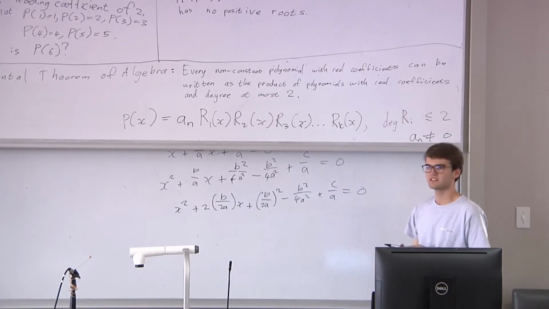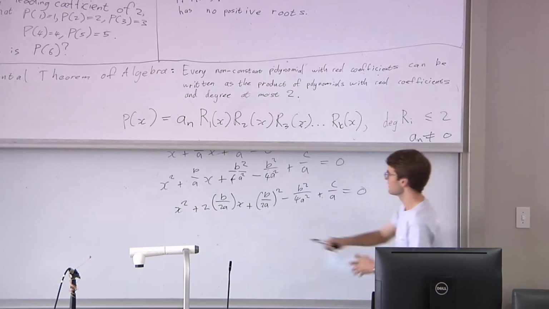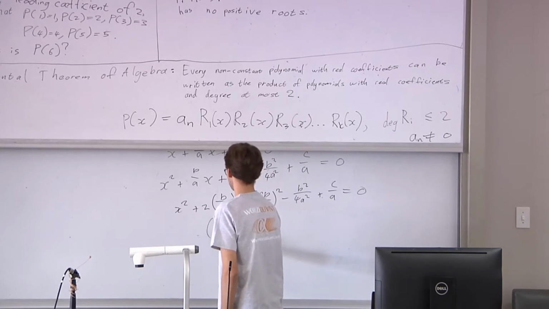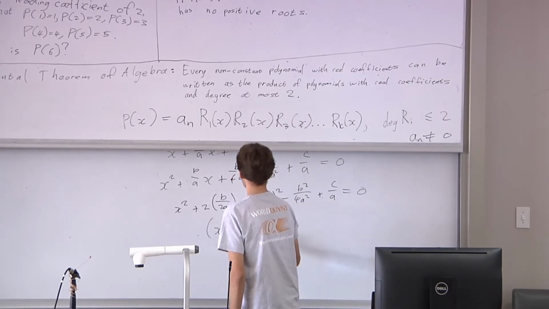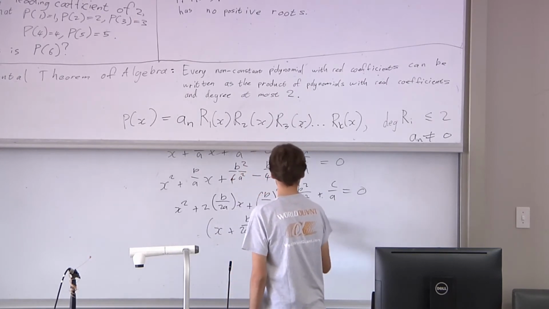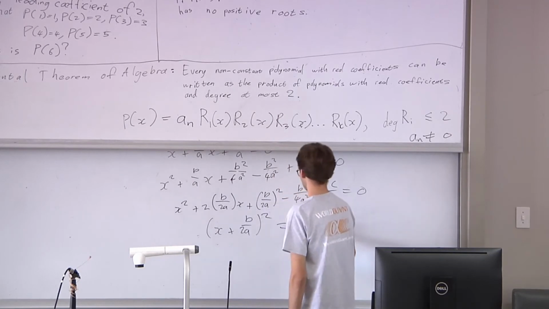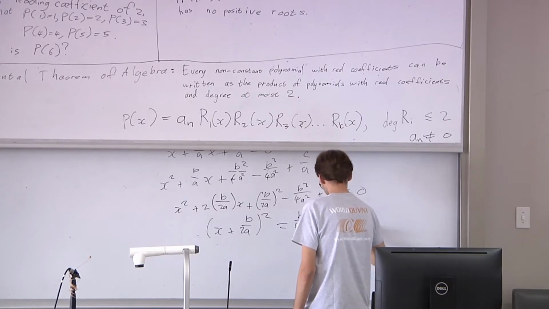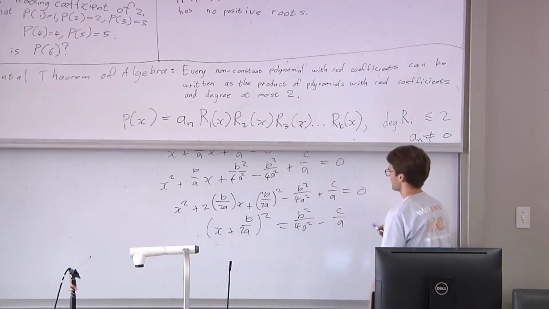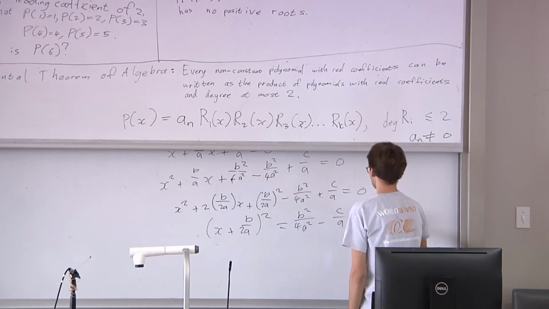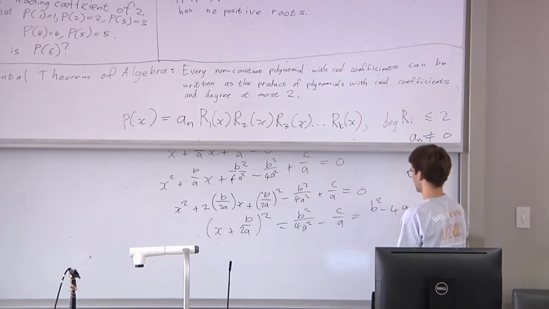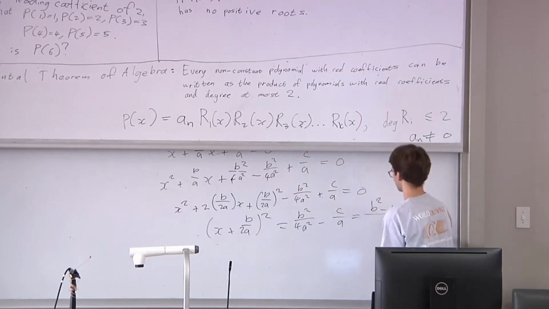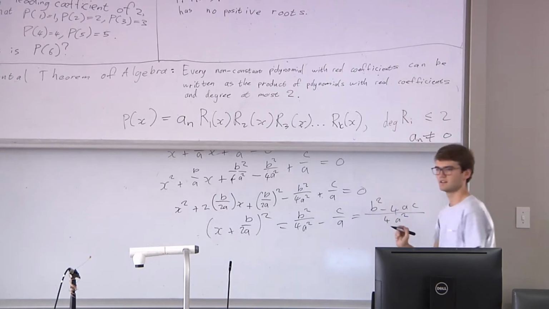Now, from yesterday when we did factorizations, you know that this is equal to (x plus b over 2a) squared. And we'll move that stuff over to the other side. It's b squared over 4a squared minus c over a. We can put this all in one fraction, so that becomes b squared minus 4ac over 4a squared.